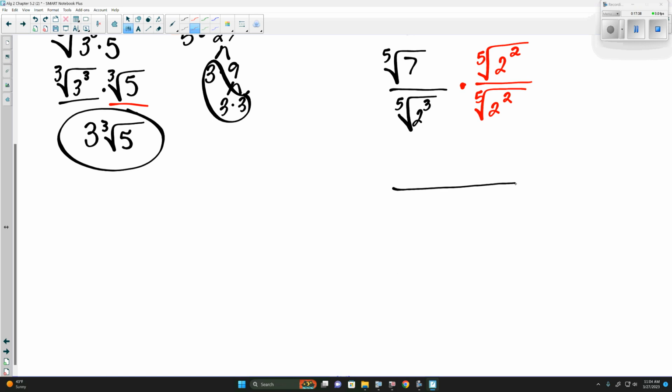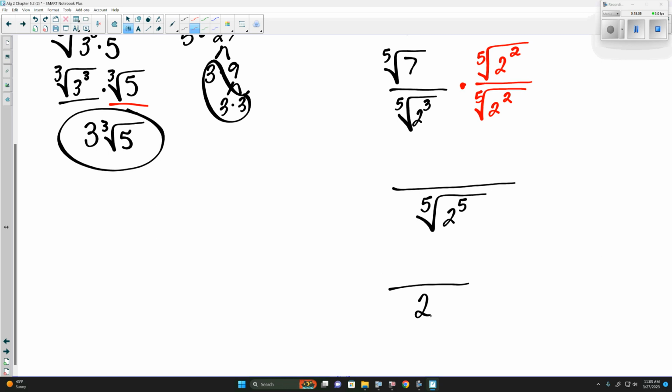And this works out for 2 reasons. One, when we multiply these together, the denominator, fifth root, well, 2 to the third times 2 squared, how many 2s do we have? 5, yes? So in the denominator, we have the fifth root of 2 to the fifth. And what is the fifth root of 2 to the fifth? 2.